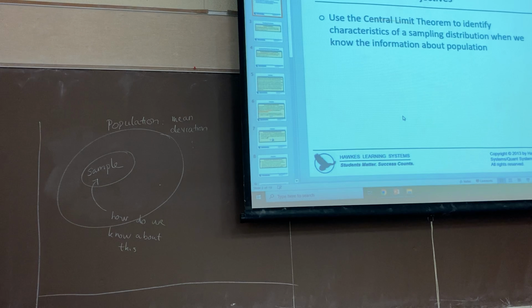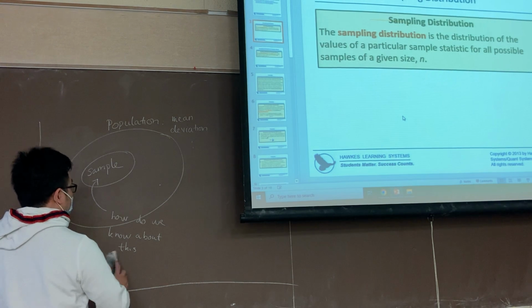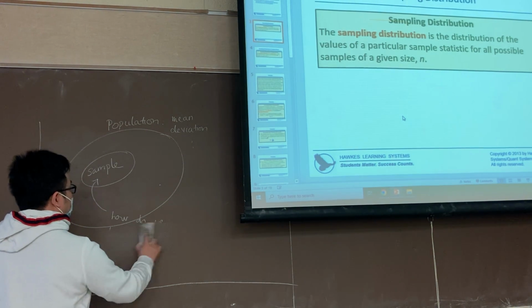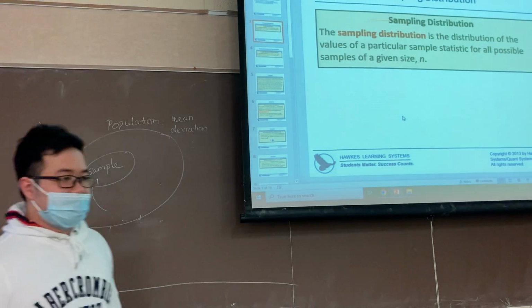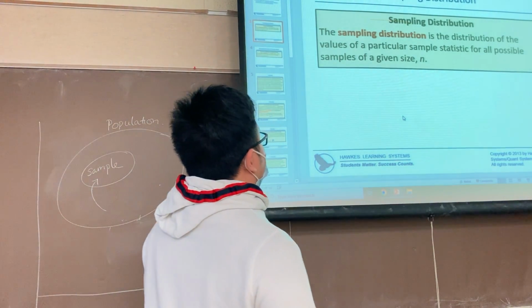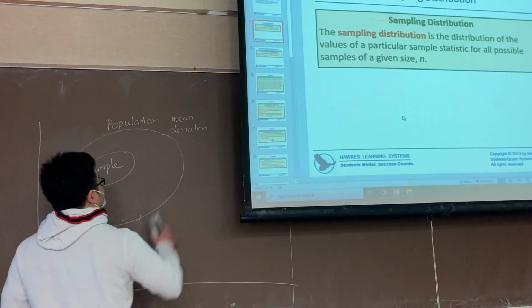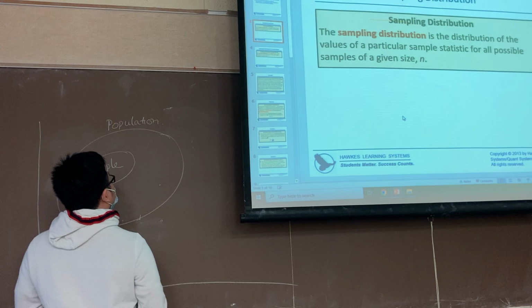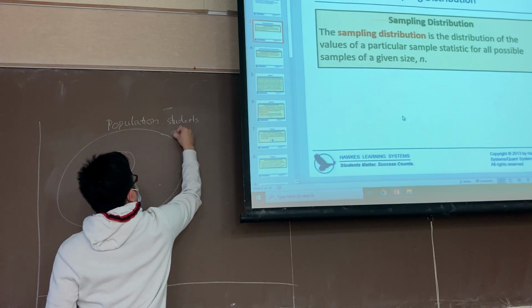Okay, so now we will move on to the first definition, called the sampling distribution. I will give you an example about the population. For example, the population is students at Wednesday University.